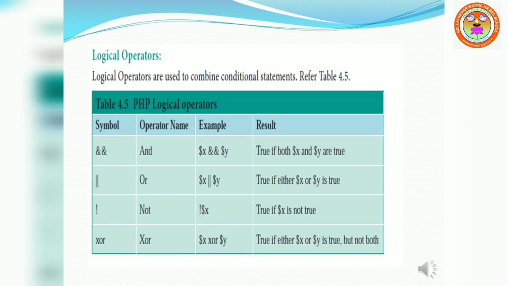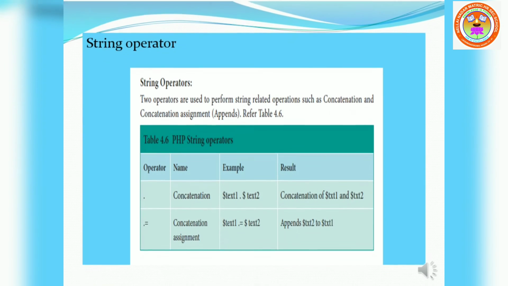True if either $x or $y is true, but not both are true. If both are true, it will give false only.